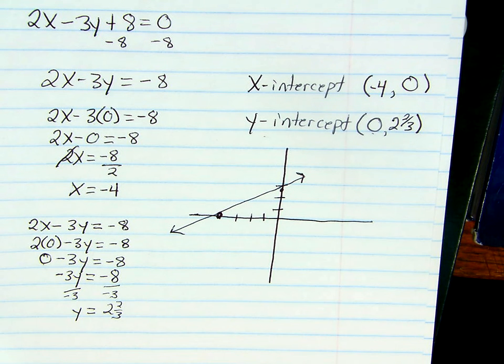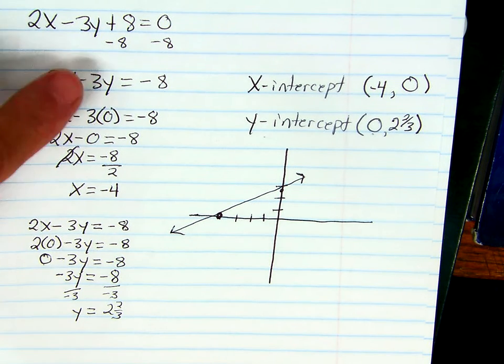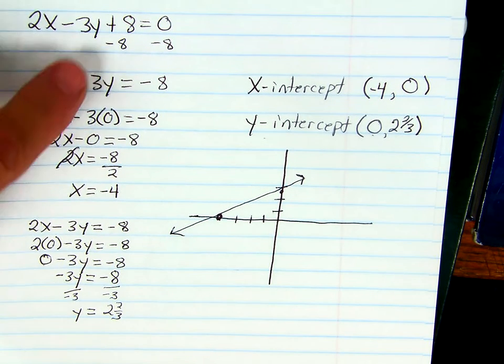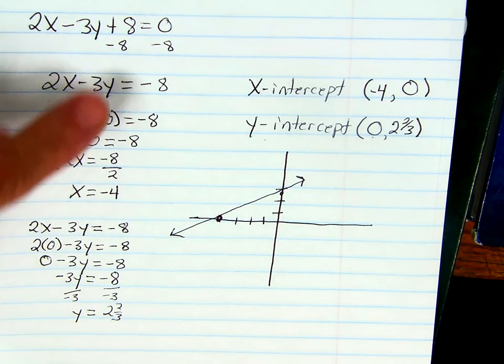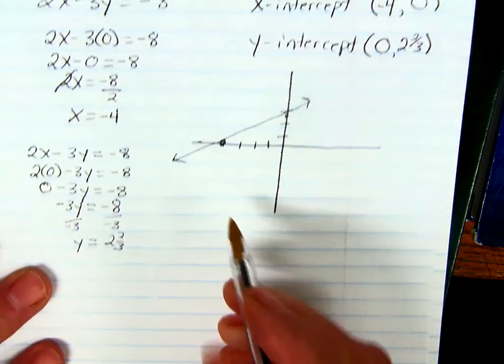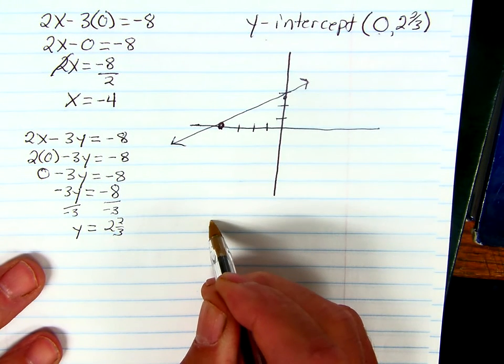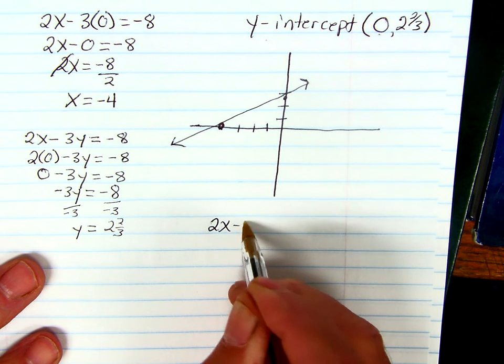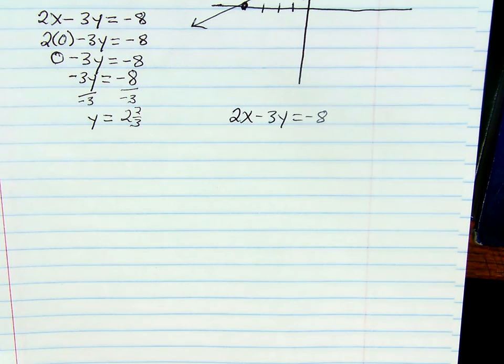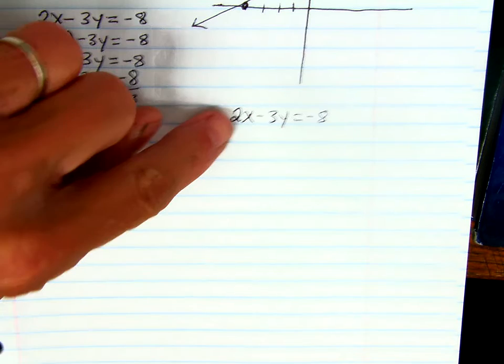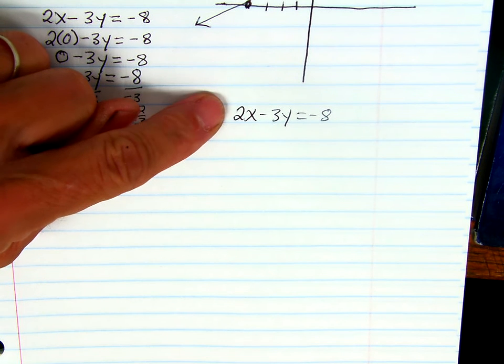There's a shorter version of this. Here's what's going on, but in the shorter version of this, you get to leave some steps out. And it goes like this. Once you have your equation in standard form, 2x minus 3y equals negative 8, just like we've done on so many things already this year, we're going to make two equations out of this one.